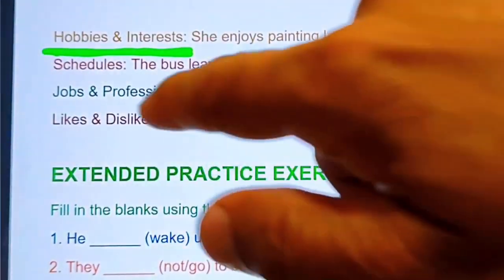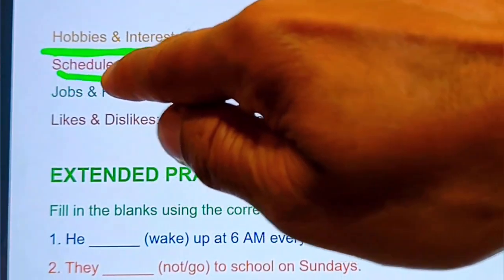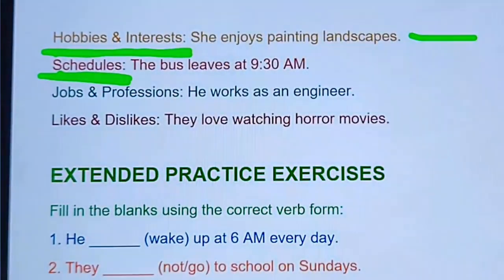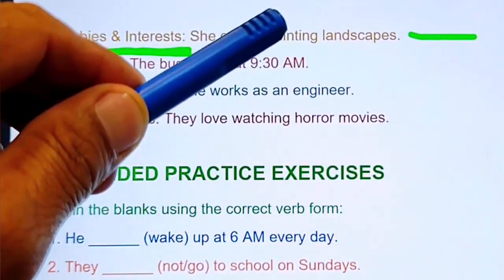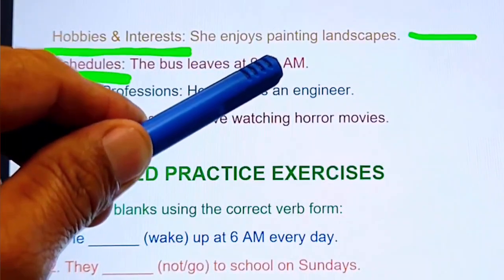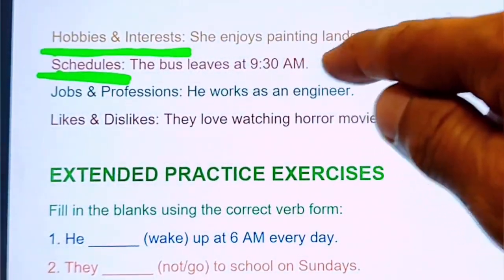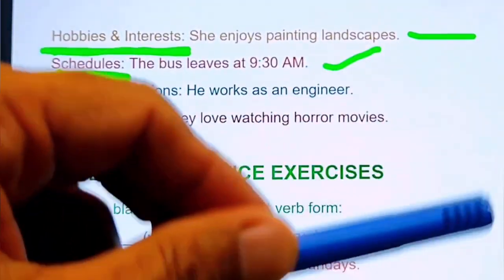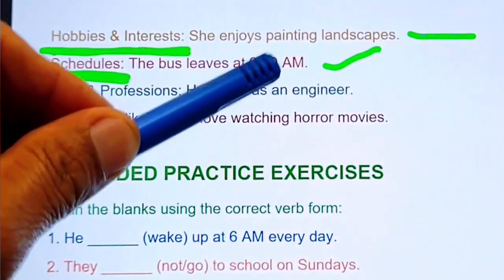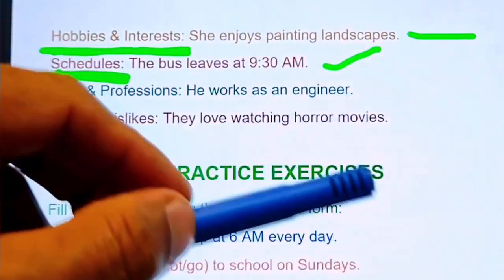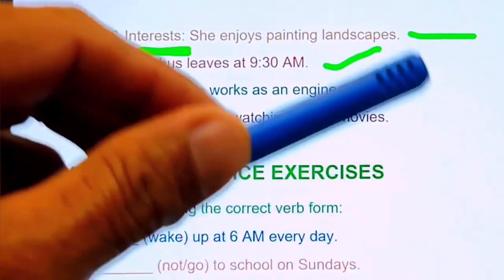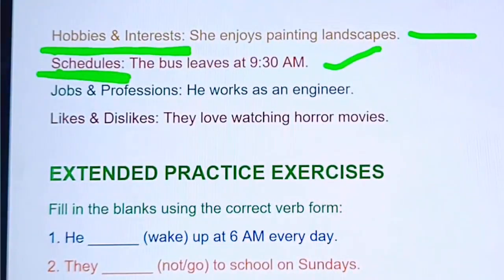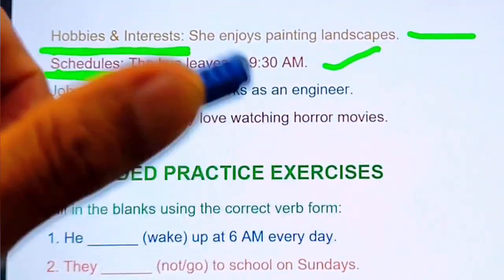Or we use the simple present tense for schedules as well. The bus leaves at 9:30 a.m. So this is the schedule for the bus. The bus every day leaves at 9:30 a.m. This is the schedule time and we use simple present tense for schedules.